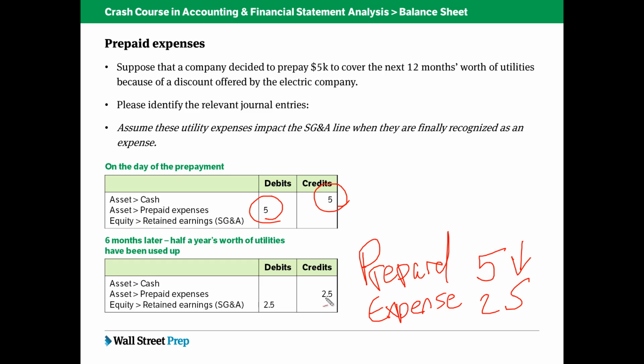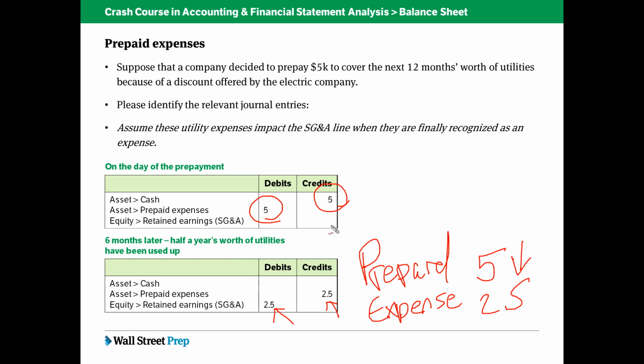And the reason it's going to do that is because the expense is being recognized on the income statement finally. Because the electricity is being consumed, it's being recognized in SG&A, and so it's reducing retained earnings. Retained earnings is going down, and the corresponding asset is going down. So equity is going down, and assets going down, and everything is in balance. There's a credit to the asset and a debit to the equity.